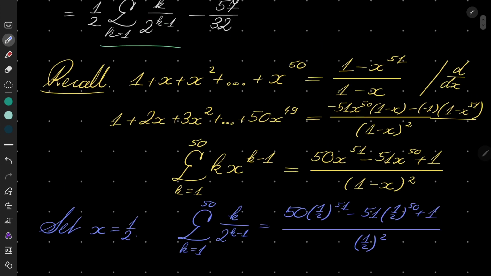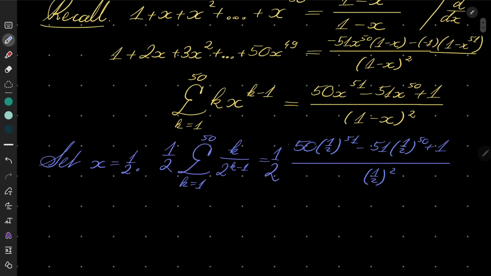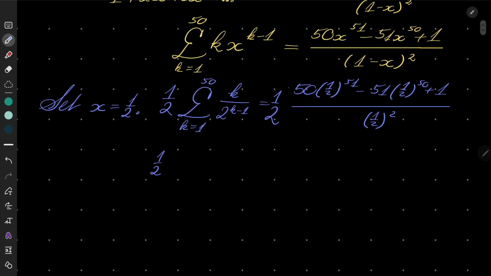And also, since we have 1/2 in front of our sum, let's put also 1/2. Why not? Now that's something. And now it's just a matter of simplification of the right hand side. After simplification, I will leave the details to you, it will be 2 minus 13 times (1/2) to the power 48.